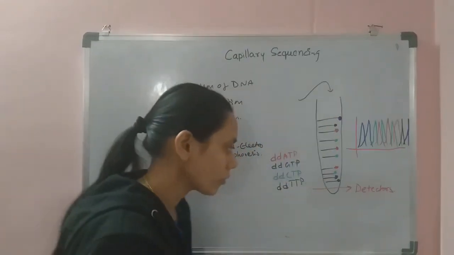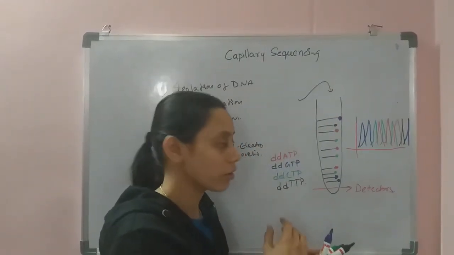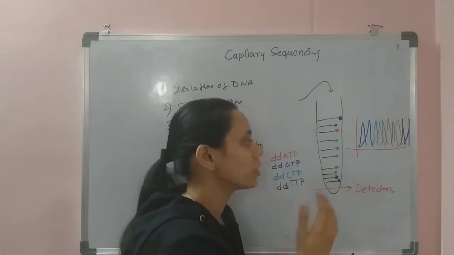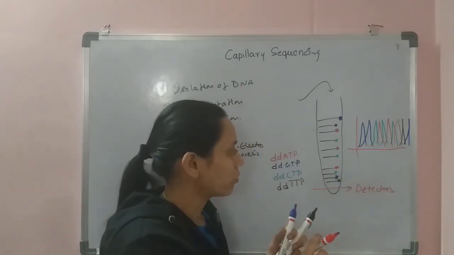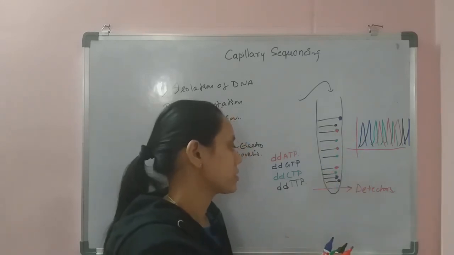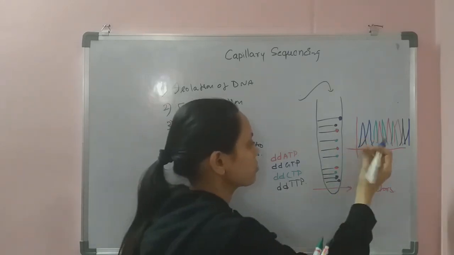So for a gel electrophoregram like this, we may obtain a graph like this. Here this graph indicates there are 2 nucleotides.